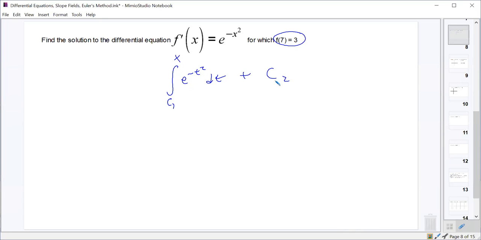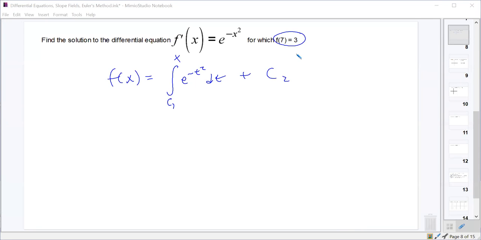And we have to figure out values of C1 and C2 to make this true. The derivative of this function, according to the fundamental theorem of calculus, should be e to the negative x squared, because the derivative of an integral from a constant to x is just the function in terms of x, and the derivative of some constant is just 0. Would you all agree with that? Yes. Okay.